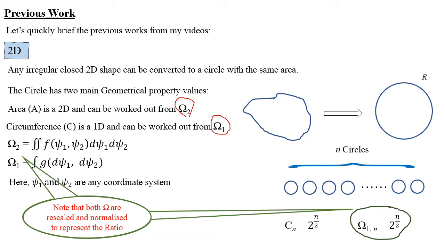In the new notation, omega 1 means the one-dimensional measure, the perimeter or circumference, and n refers to the number of divisions, giving 2 to the power n divided by 2. We showed that if n approaches infinity, this sum becomes infinite.